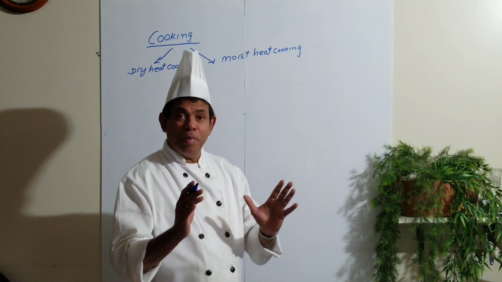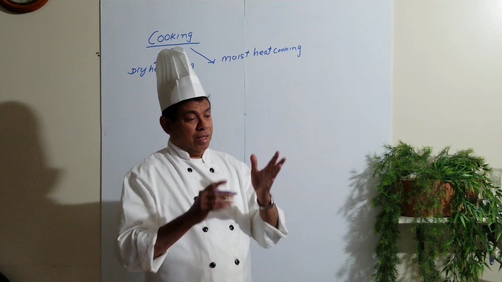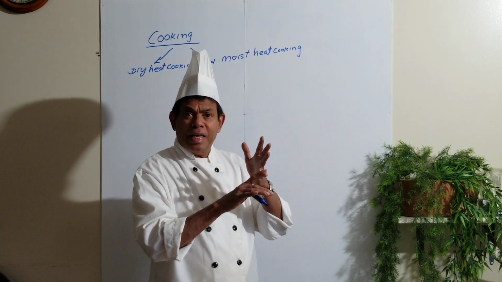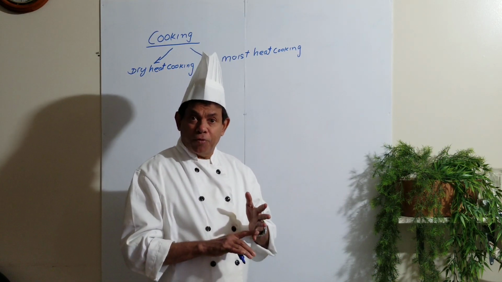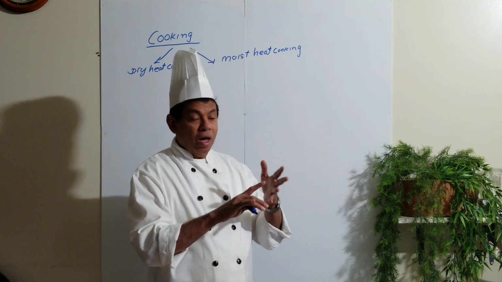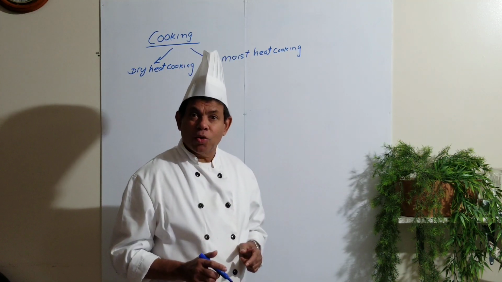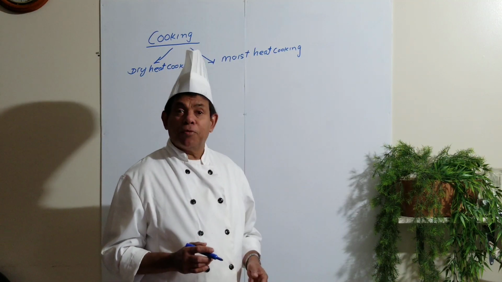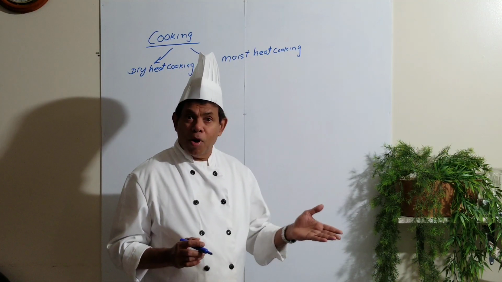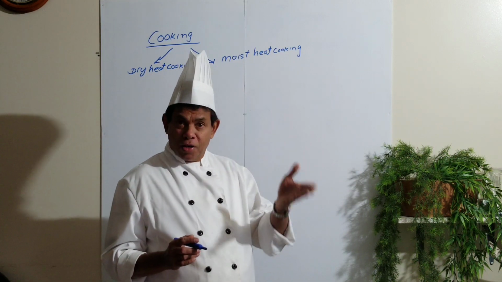Completely it has to be dry. Heated oil is dry heat cooking. Deep fryers are dry heat cooking. An oven is dry heat cooking. It's not moisture, so therefore it's called dry heat cooking.